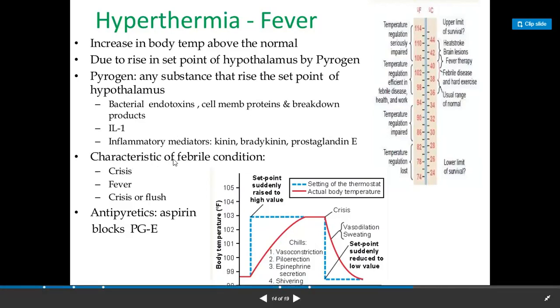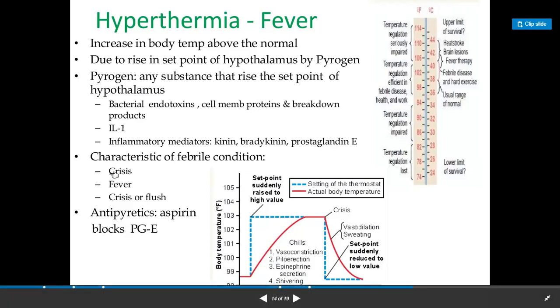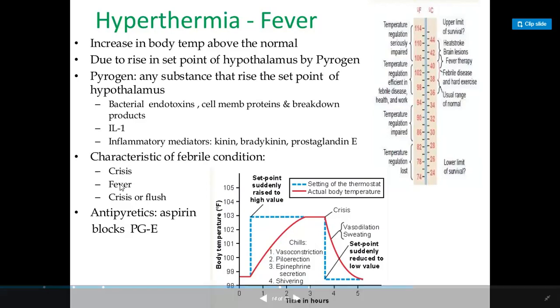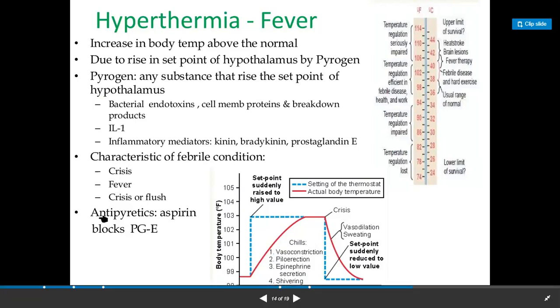Now, when that hyperthermia becomes too much, you could have fever. When it gets to fever, the temperature is now very, very high. And the only way for you to stop that fever is to take what we call an antipyretic drug.